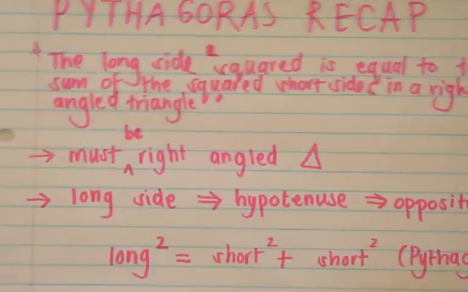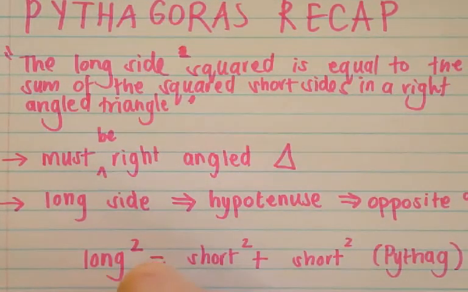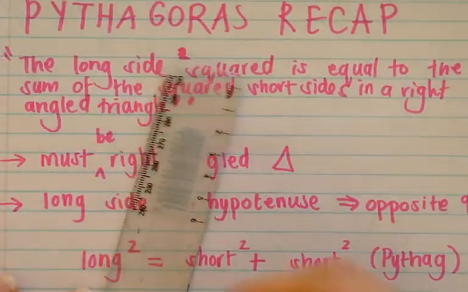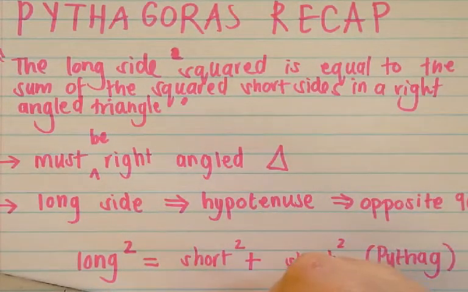And you can either say the full word Pythagoras or Pythag is fine. So we'll work through a basic example together. Just to recap how to name and all of those kinds of things.